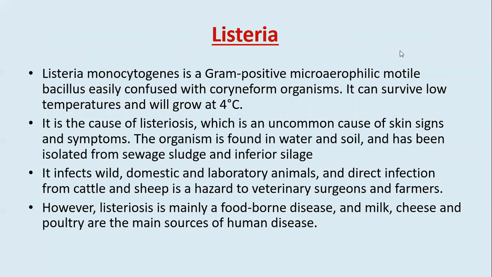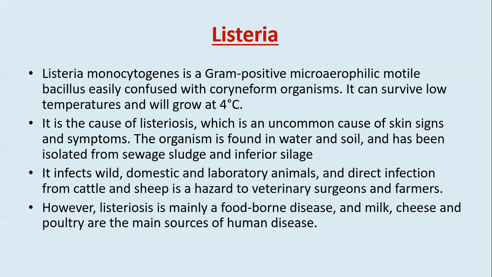Listeria. This is Listeria monocytogenes, a gram-positive, microaerophilic, motile bacillus easily confused with coryneform bacteria. It survives at low temperature and grows at 4 degrees centigrade. It is a cause of listeriosis, which is an uncommon cause of skin signs and symptoms.